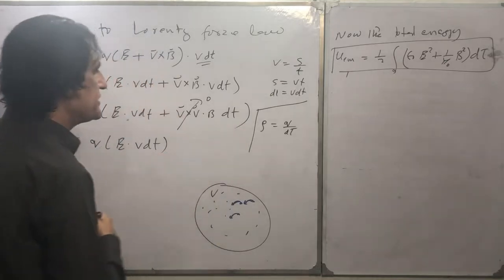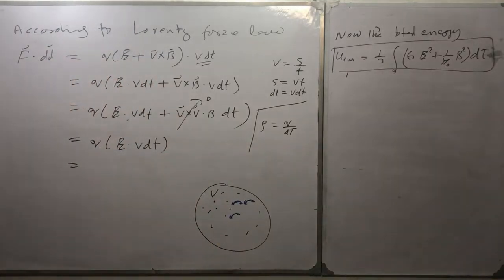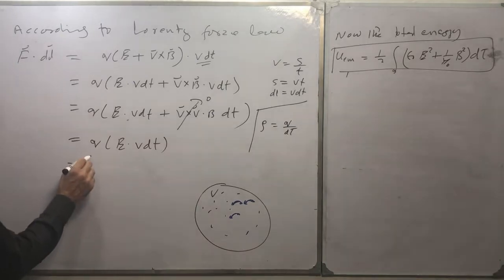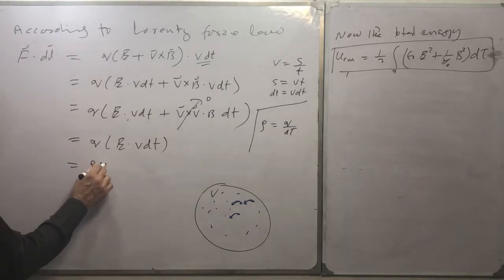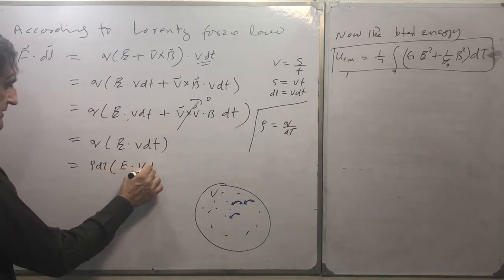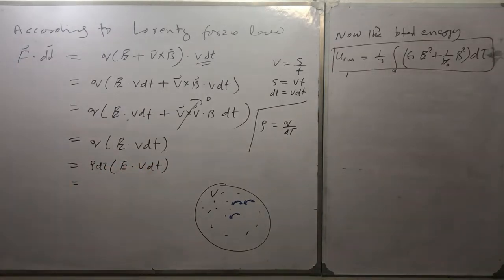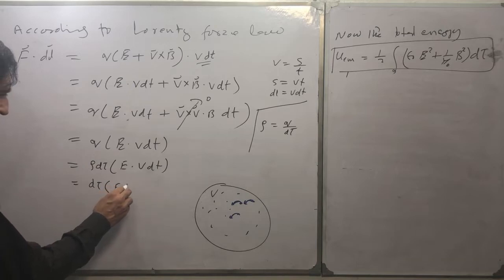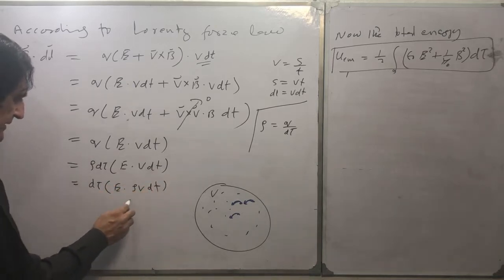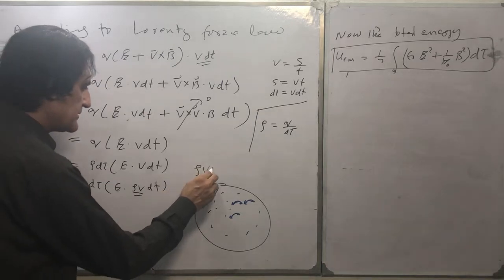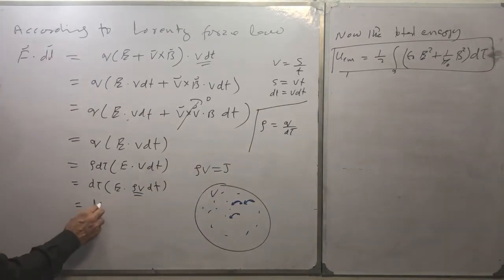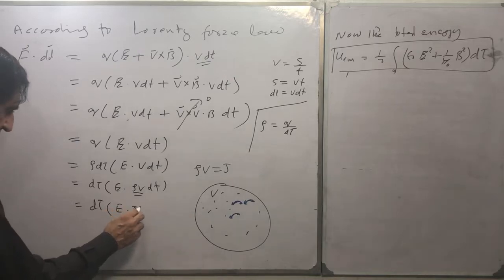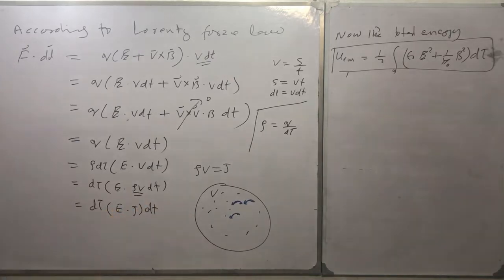So this is rho d tau E dot v dt, and rho v is equal to J, giving d tau E dot J dt.